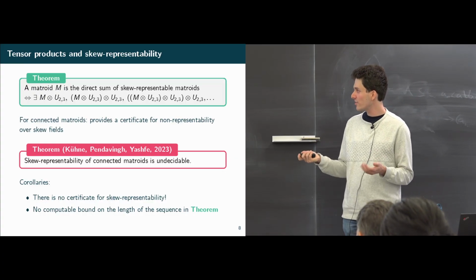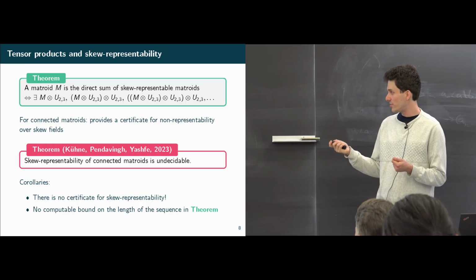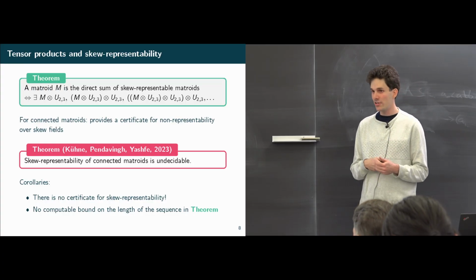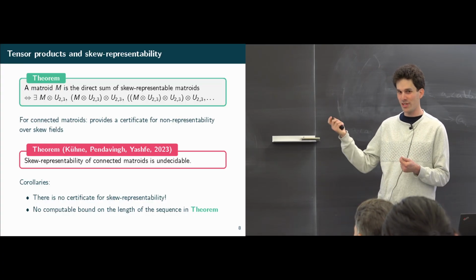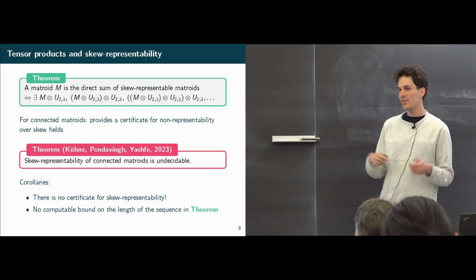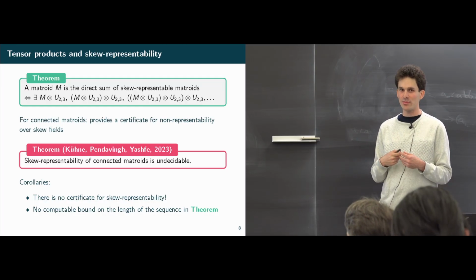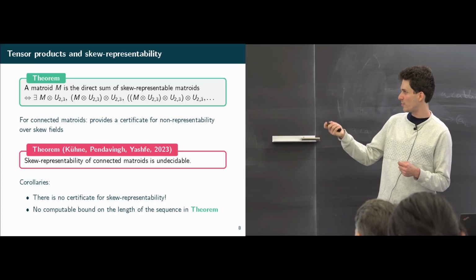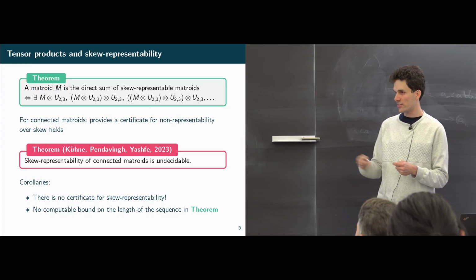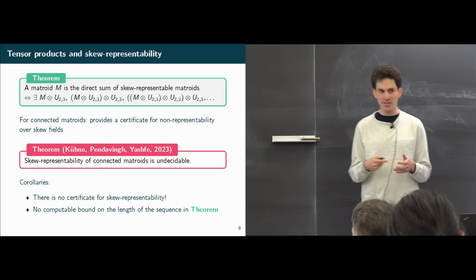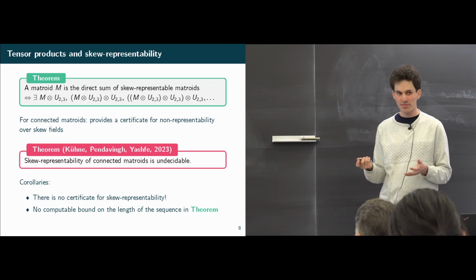So this means that we do need this infinite sequence here. There is no computable function which would be enough for giving a bound here. So whatever computable function we take, there exists a matrix such that until that point this sequence exists, but after that point it does not.